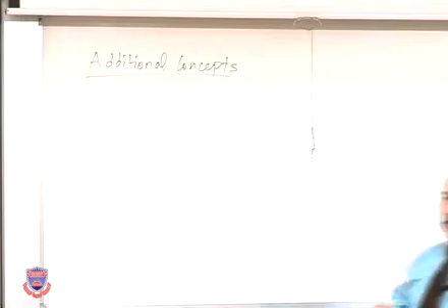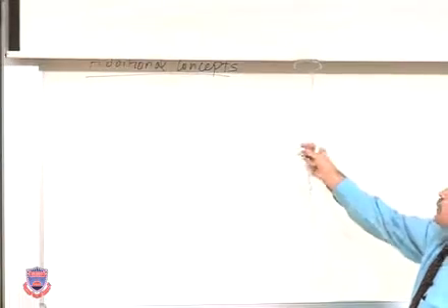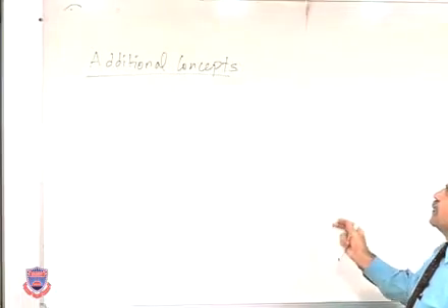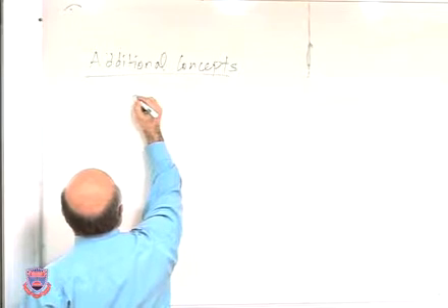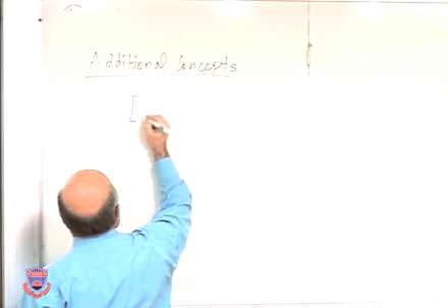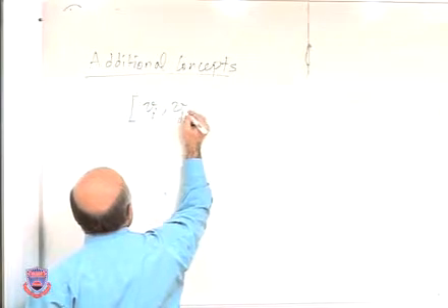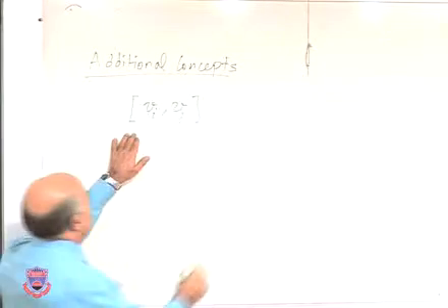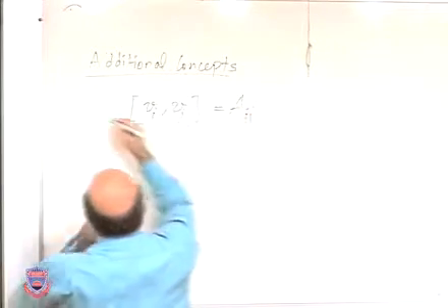Let me define additional concepts that we need for future work. Let's define [Vi, Vj]. Let me just use this notation to stand for the arc Aij.